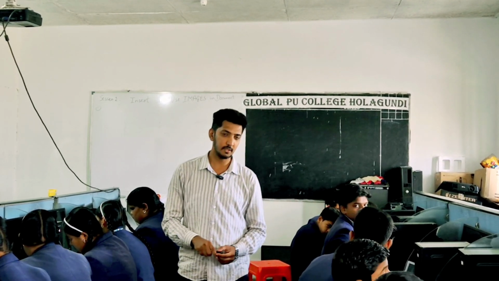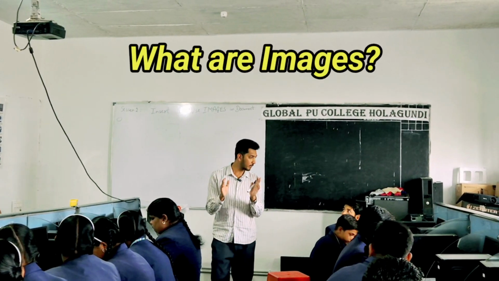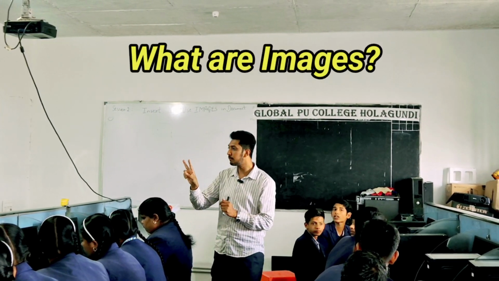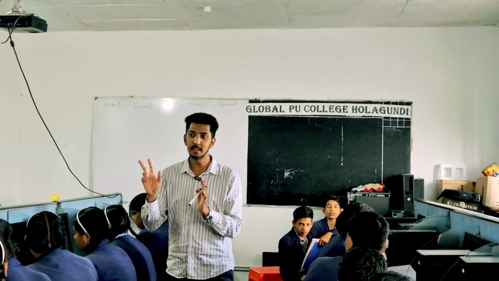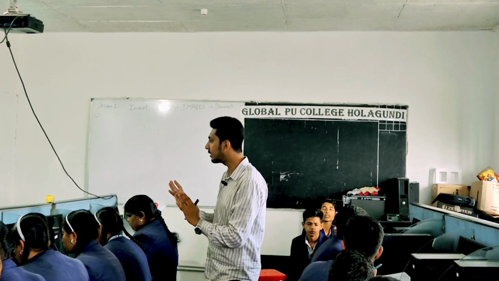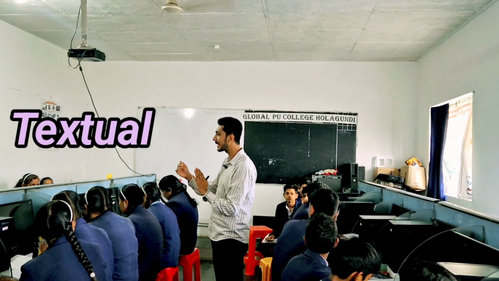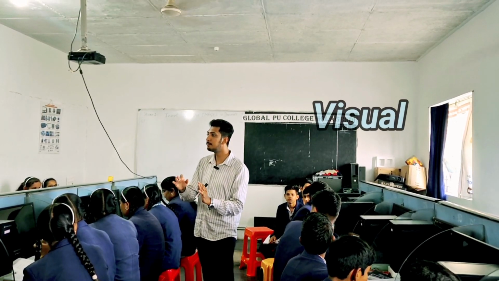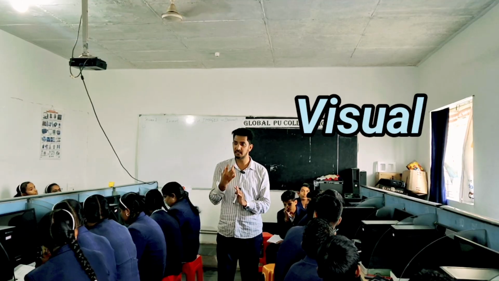There are two forms of representation of data. Listen carefully. Data means information. One is textual representation, where we type numbers, letters, characters. Another form is visual representation. Visual means what we can see and sense.